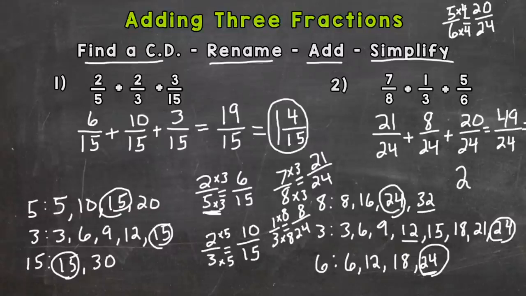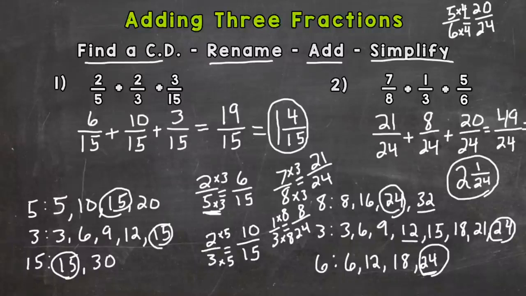Now that gets us to 48. It didn't hit 49 exactly, so we have something left over, or a remainder. So if we get to 48, that means we have 1 left over, and we keep our denominator of 24 the same. So the answer to number 2 is 2 and 1 24th.